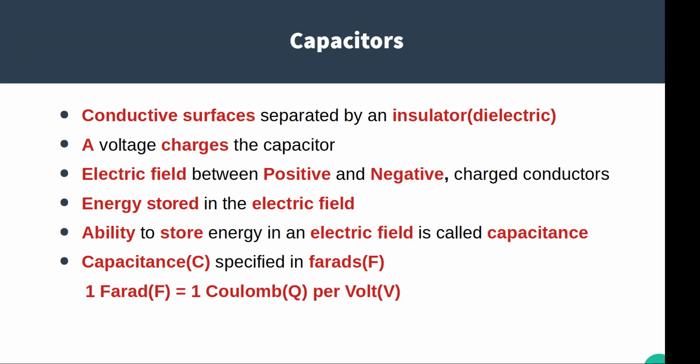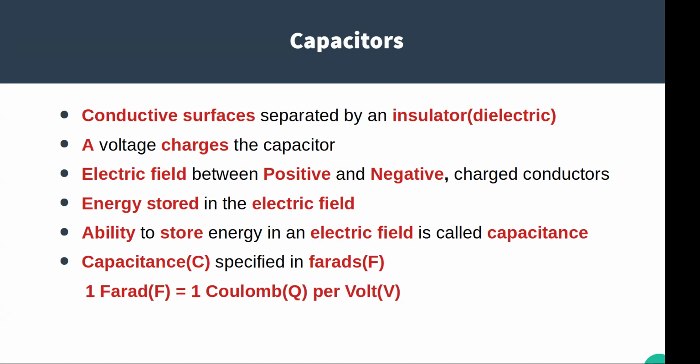And that's where it actually stores energy. So the separation of the plates and the area of those plates determines the capacitance. And we call that ability to store energy in the electric field capacitance.